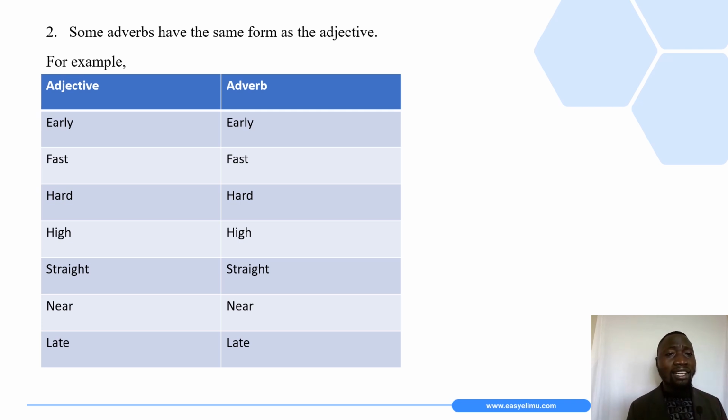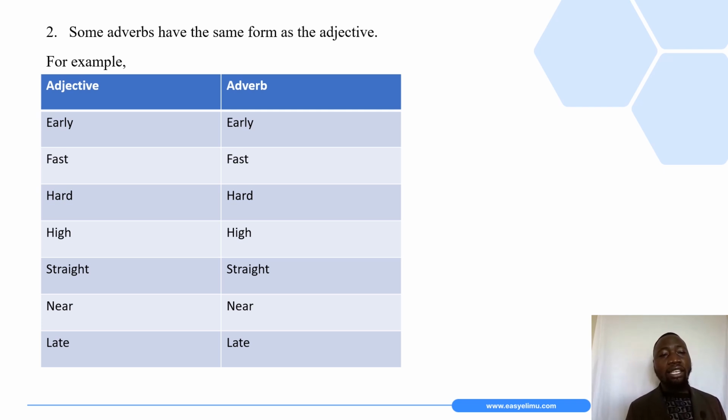In this second rule, we are told that we have adjectives that take the very same form as the adverbs, and vice versa. That is, the adverbs also have the same form as the adjectives.